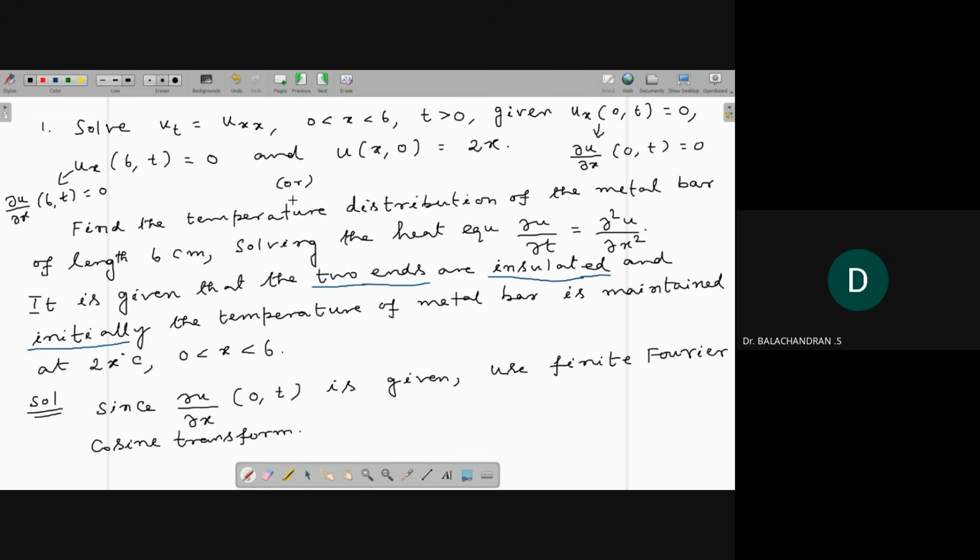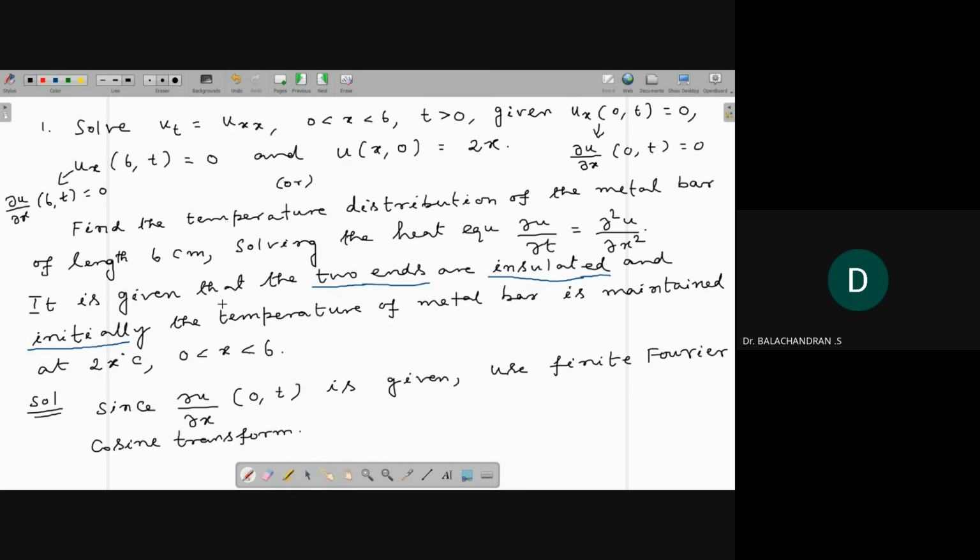Or the same problem may be asked like this: find the temperature distribution of the metal bar. Temperature distribution means you need to find u, the temperature distribution of the metal bar of length 6 centimeter, solving the heat equation dou u by dou t is equal to dou square u by dou x square.